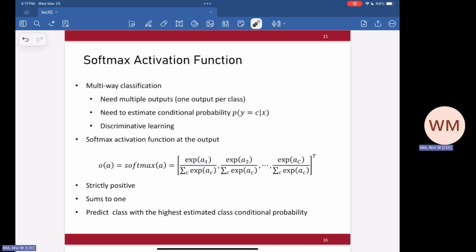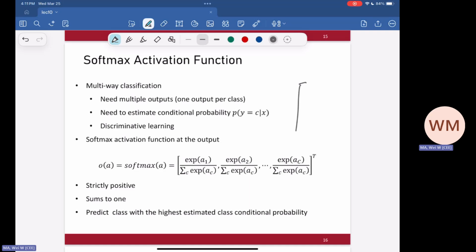This is a special activation, mainly used for classification problems. A classification problem is basically where you want to output which class it belongs to, right? Essentially the final output will be K classes, and then your output dimension will be K.